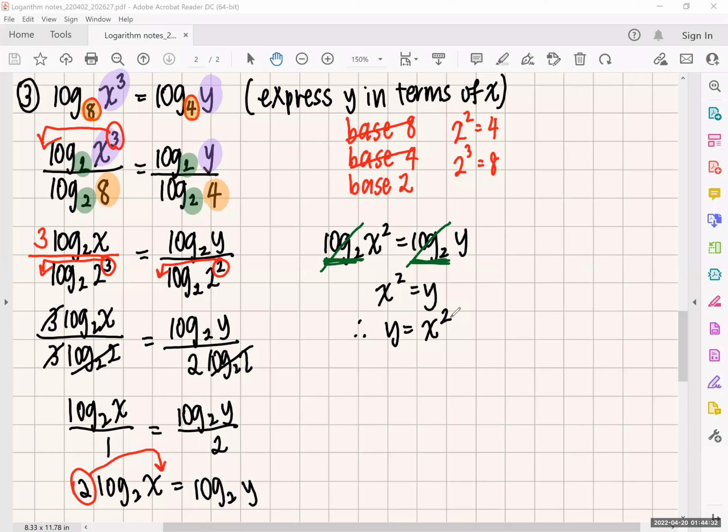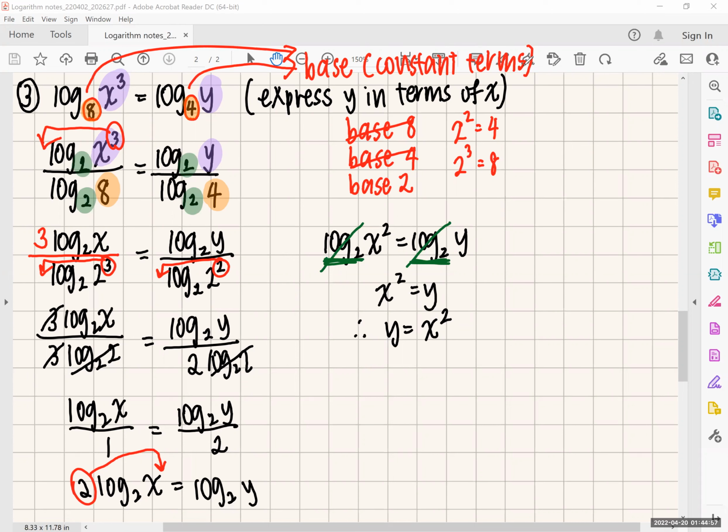All right, so right now, this question type, whereby they say express y in terms of x, can you all write it down that this is involving the base where they are constant terms.